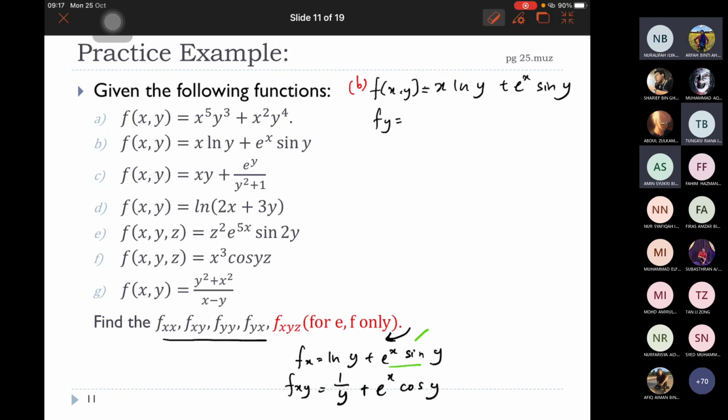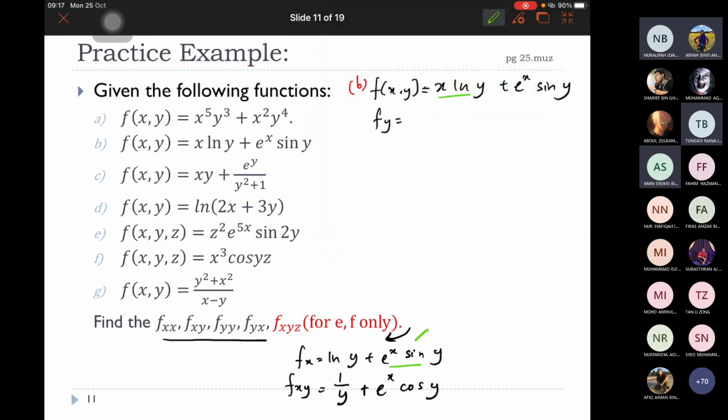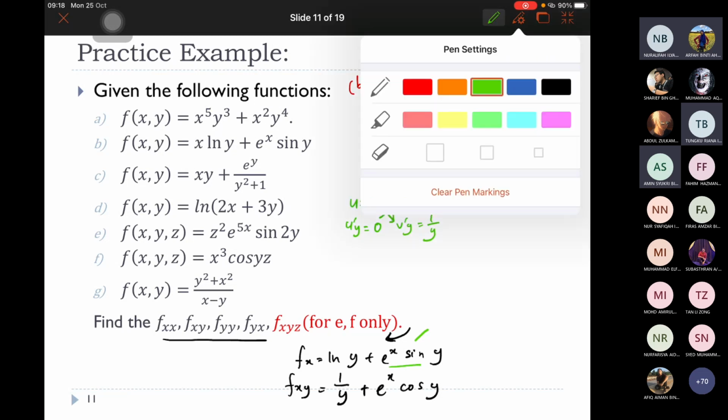Kita tengok with respect to y pula. Okay. So u untuk first term. Kalau tak tahu buat satu-satu. u sama dengan x, u prime y equal to 0. v equal to ln y, v prime y, 1 over y. Then darab silang.